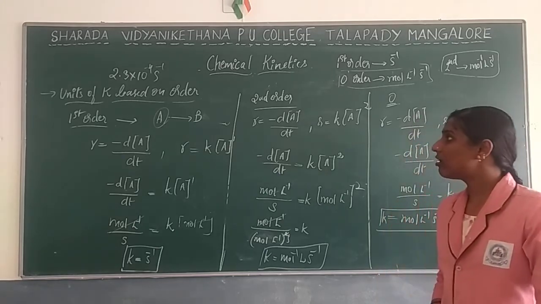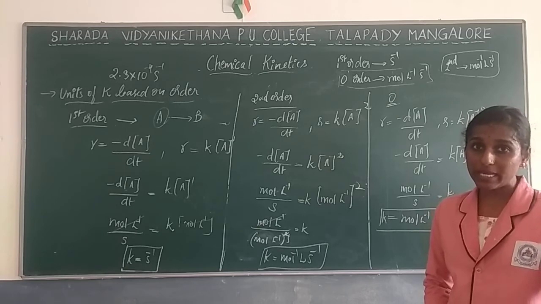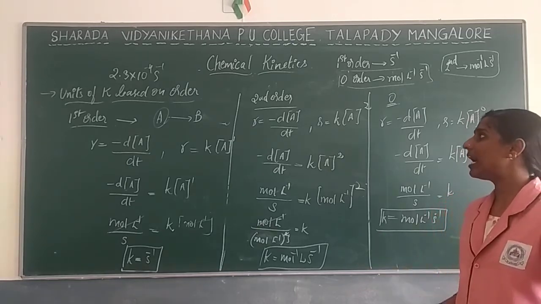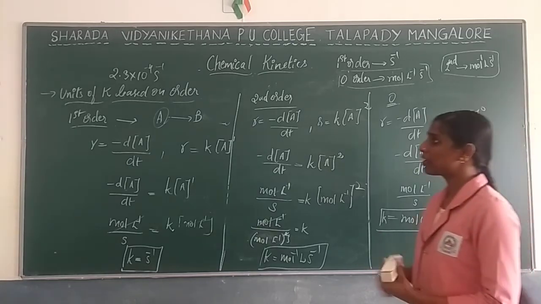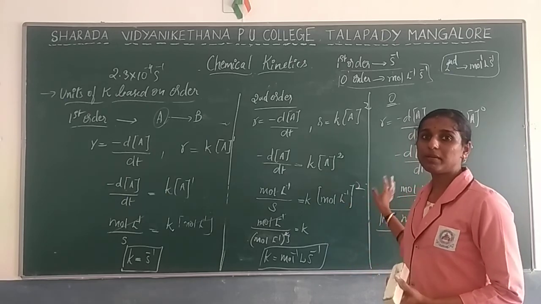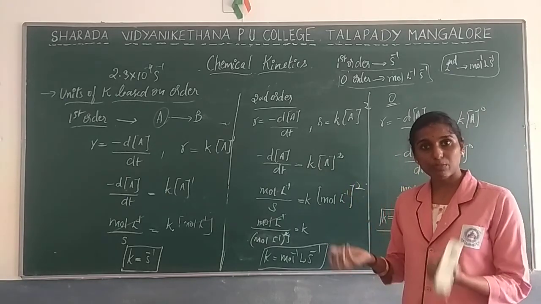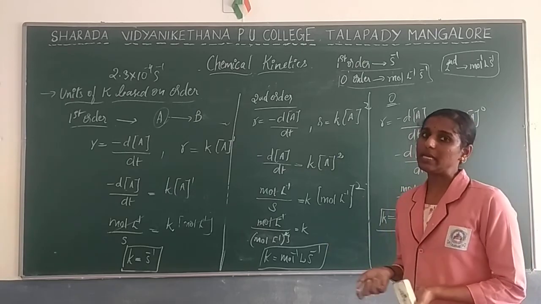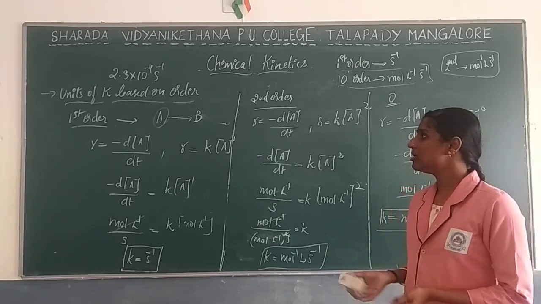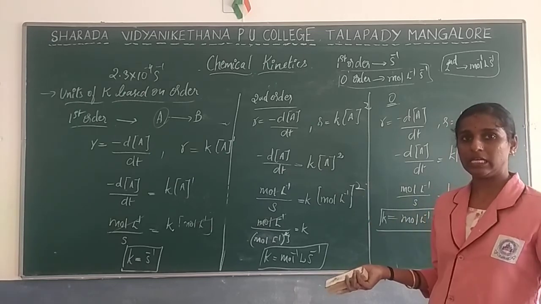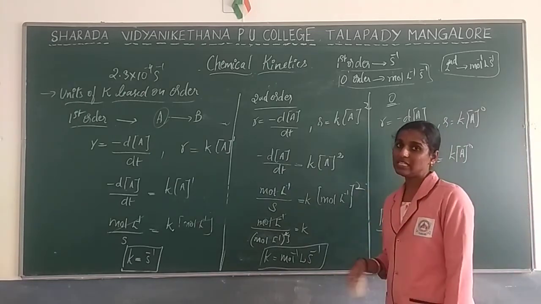These will all have derivations, which are very important. Before going to that, you should be thorough with these concepts. Then only it will be easy to go with those derivations. Obviously problems will be there, so it will be easy to solve them. So learn these concepts properly. It will be helpful for the next class.